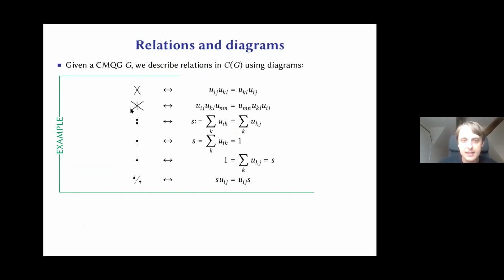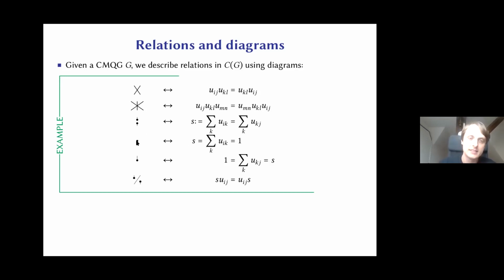This is another diagram that is kind of intuitive, I guess, and that's some kind of relaxed commutativity. So the relation goes like this. You can swap the entries according to the diagram. Those are maybe not really clear how this corresponds to each other.